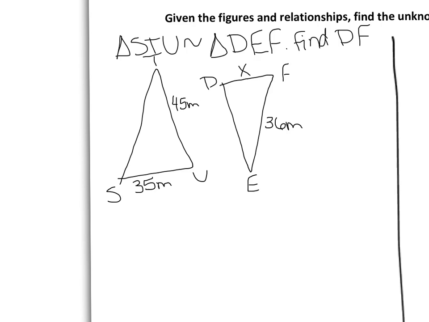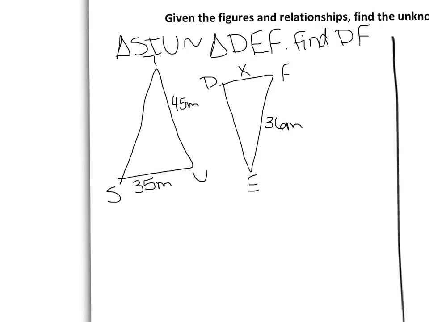Okay, now remember the property we learned in the last chapter that says for similar figures, the ratio of their corresponding sides are equal. So just like before, I can set up the ratio of the corresponding sides and make a proportion. If we start with, let's say, triangle STU to triangle DEF, we're going to put all of the side lengths of STU in the numerator and all of the side lengths of DEF in the denominator.